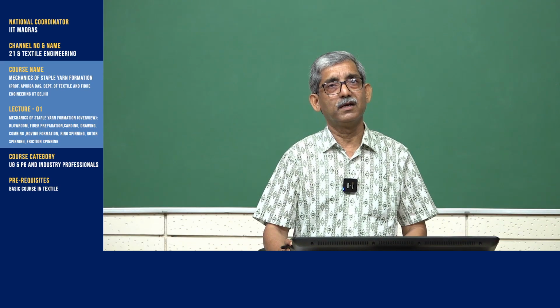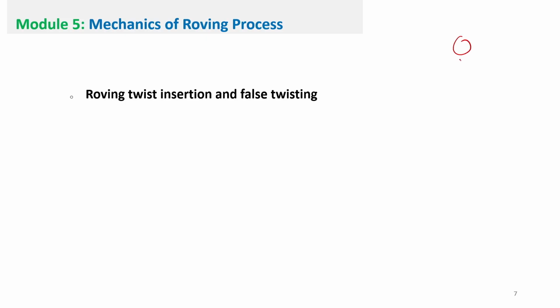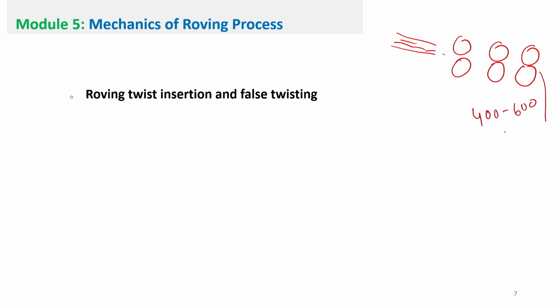Because in ring spinning we have a roller drafting system. From sliver, if we want to get yarn, we need approximately 400 to 600 draft. This much draft is not possible in a roller drafting system. That is why, to share some of the draft, we have one additional process, the roving process.